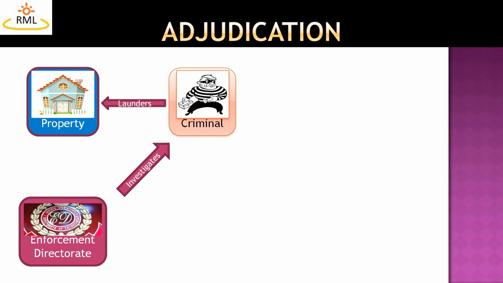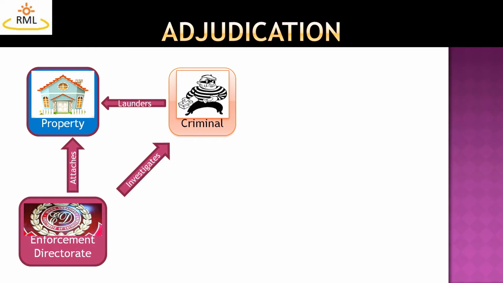During the investigation, if ED comes to realize that the money laundering activity has taken place and any property has been purchased or investments made out of the proceeds of scheduled crimes, it will typically issue an order of attachment, freeze or seizure of such property.